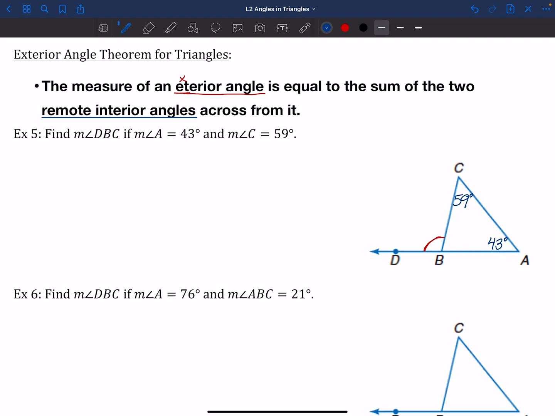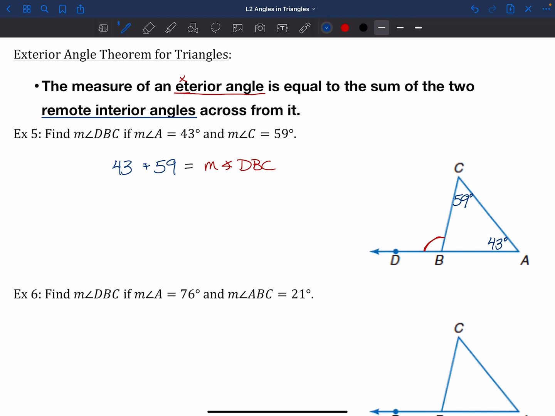Right? So because it's an exterior angle, and we have those remote interior angles, what this is telling me is that if I take 43 plus 59, right, and again, sorry for the bad handwriting, tablet's fighting me a little bit, then that's going to give me the measure of angle DBC on the outside there, right?